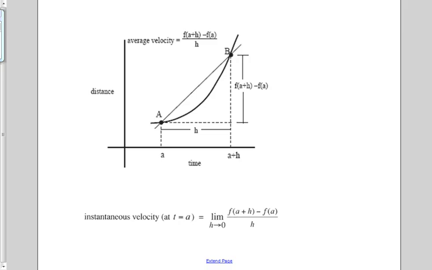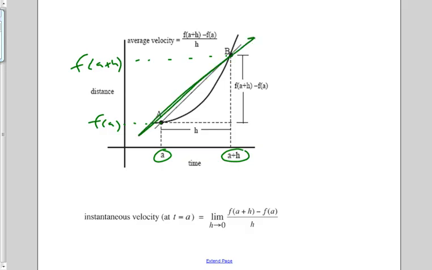So using this idea, we've got point A and A plus h, corresponding f of A and f of A plus h. Before, in order to find the average velocity, we would say, well, it's just the slope.